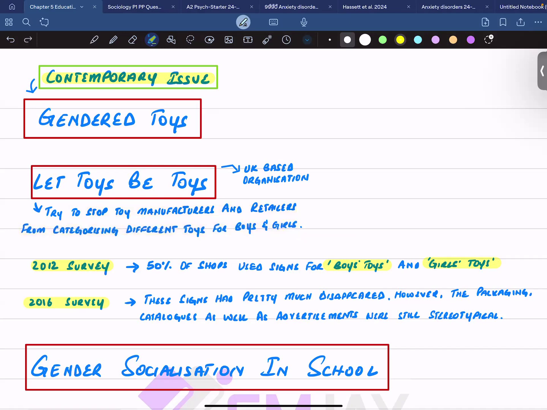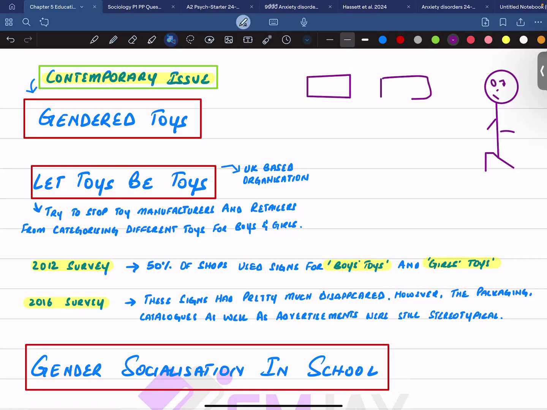If I may give you an example, if you walk into any toy store to, let's just say, get a toy for someone you know, there are many chances that you might come across different categories or boards that say maybe boys toys, toys for boys, and there would be different categories of toys for girls.